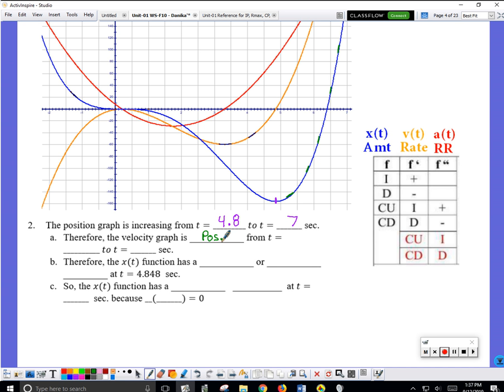I'll show you the ones that are legal as the year progresses. So that one's legal from the same time. And Danika's chart says the same thing. It says if you have a graph of an amount that's going up, then the values, the y-coordinates of the rate will all be positive. And if you look here, it lines up perfectly.